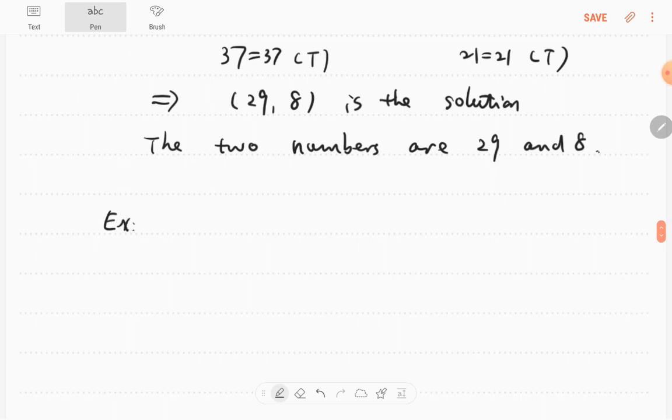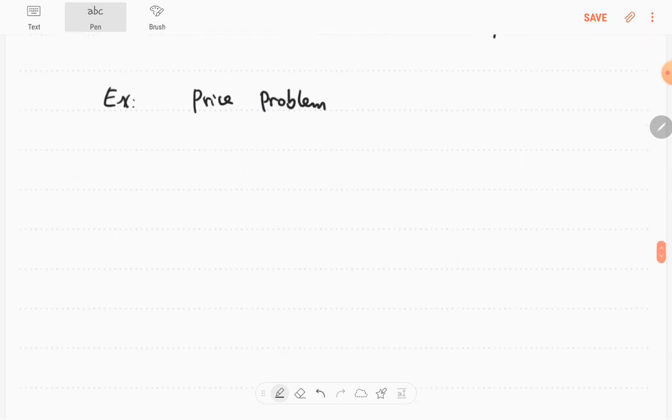The second example we call the price problem. Maybe in your exam, you will have these price problems. Let's check the background.